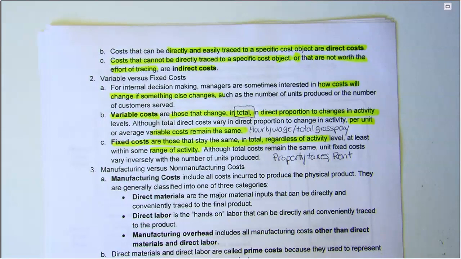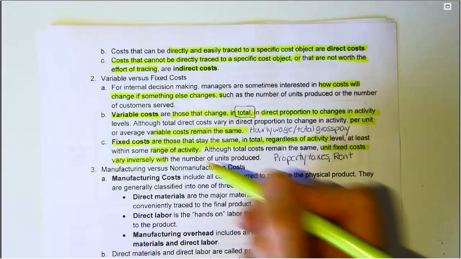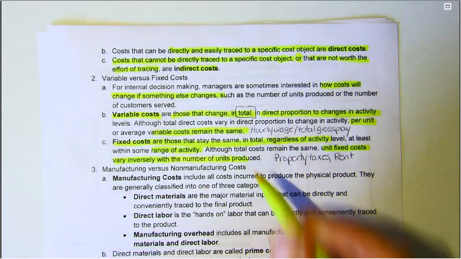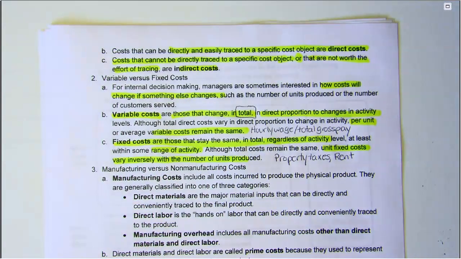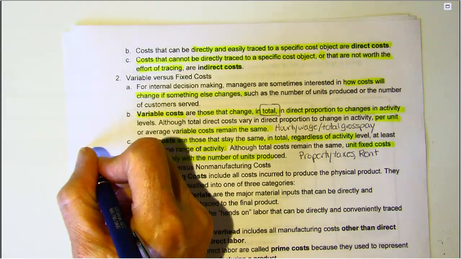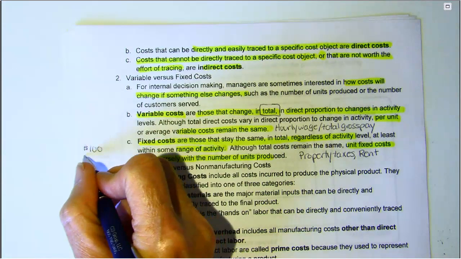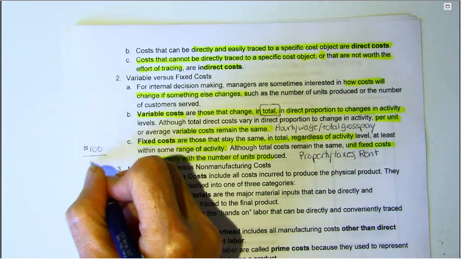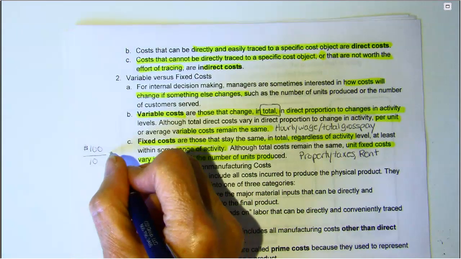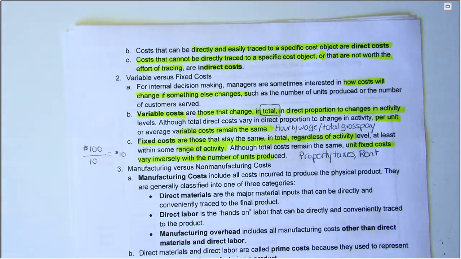However, unit fixed costs vary inversely, in other words, in the opposite direction, with the number of units produced. So for example, if I said we have $100 worth of fixed costs and we need to spread those out over 10 pens, that would mean it would be fixed costs of $10 a pen.